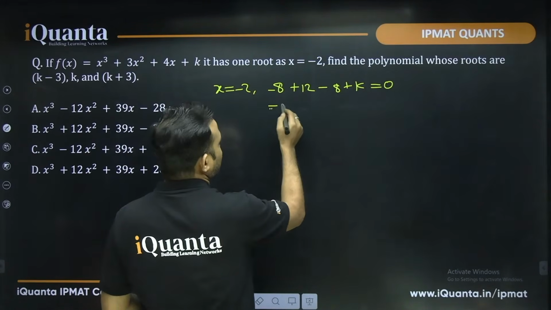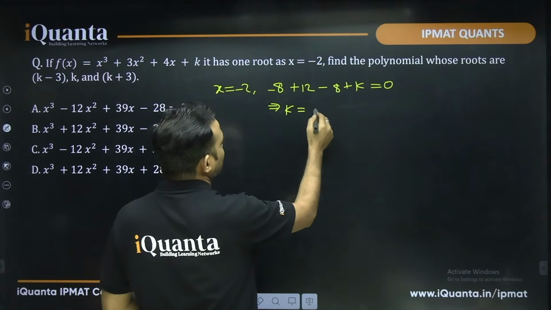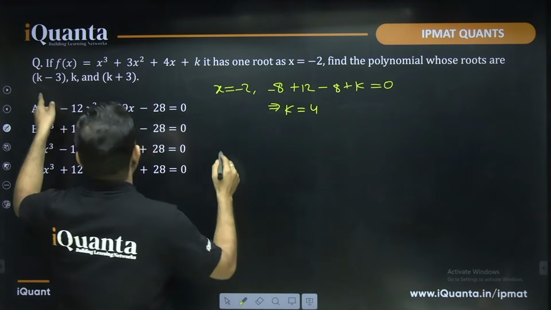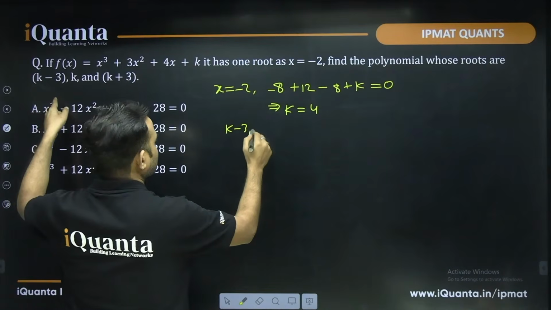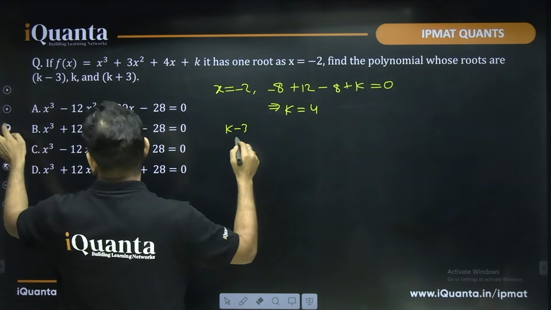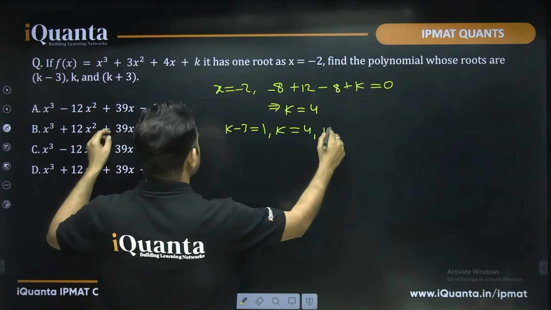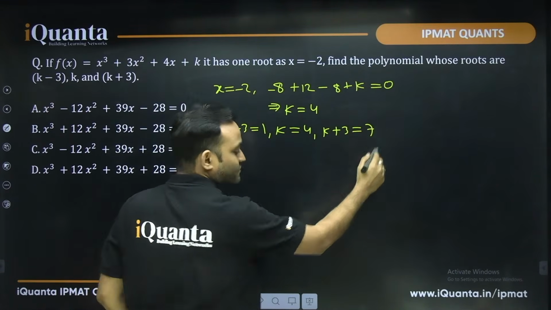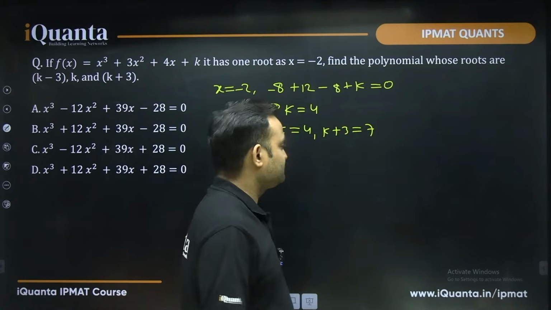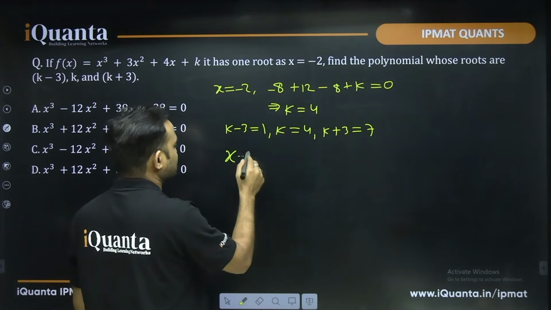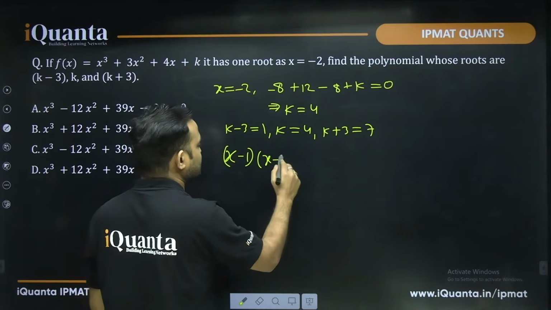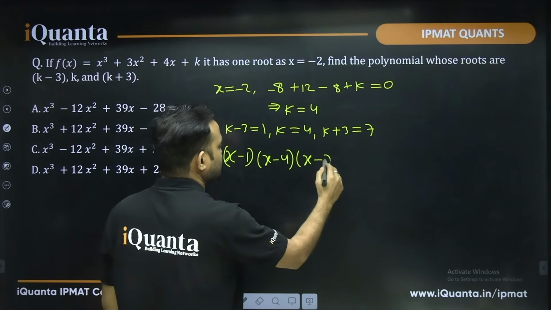So from there, we can say k will be equal to 4. K minus 3 will be equal to 1. K will be equal to 4. K plus 3 will be equal to 7. So the equation that we need is x minus 1 into x minus 4 into x minus 7.